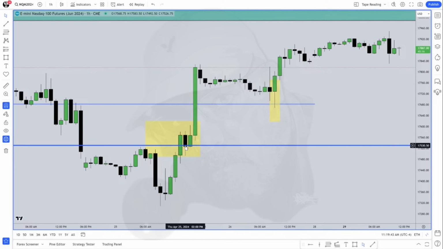Because the change in the state of delivery means it's going to start going higher. So if it's going to go higher, pray tell, what is it going to go up there for? And to where? It's going to go to any inefficiency in close proximity or buy stops. That's buy side liquidity. Friends and neighbors, that is short, sweet, to the point. You can't reduce it to anything less than that. You can't make it any plainer than that.